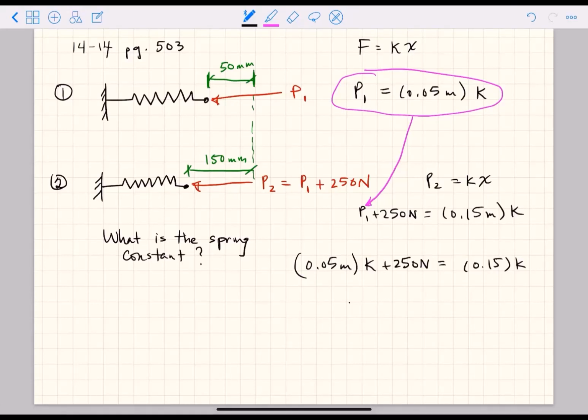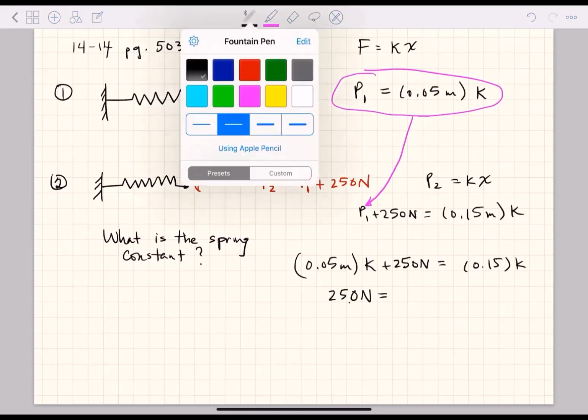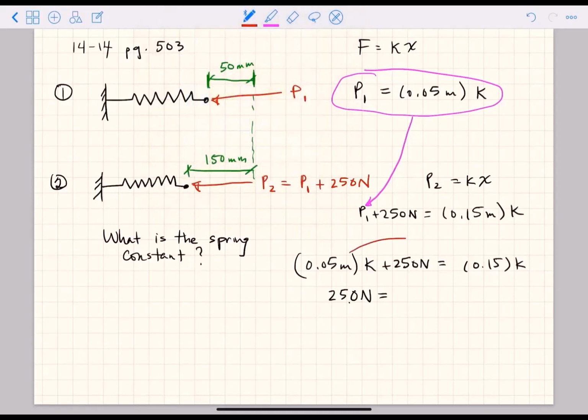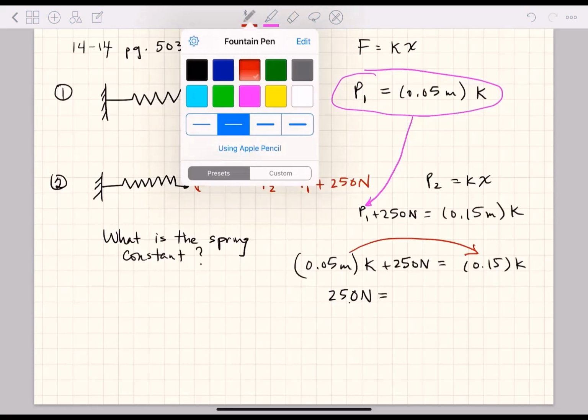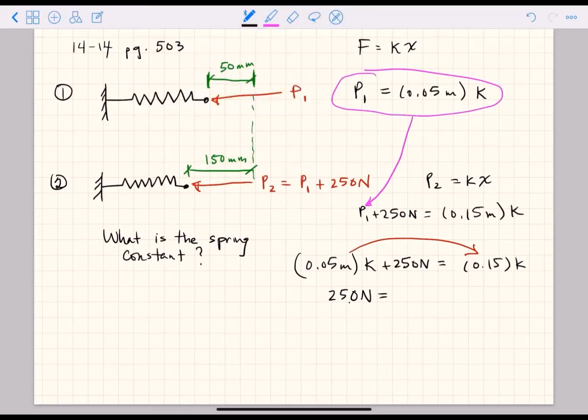I'll just show it like this. 250 newtons is equal to, I'm going to bring this over here. So it's 0.15 K minus 0.05 K, which would actually just be 0.1 K. And if I divide both sides by 0.1, then you end up with K equal to 2,500 newtons.